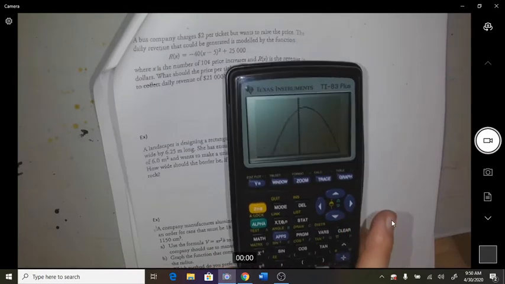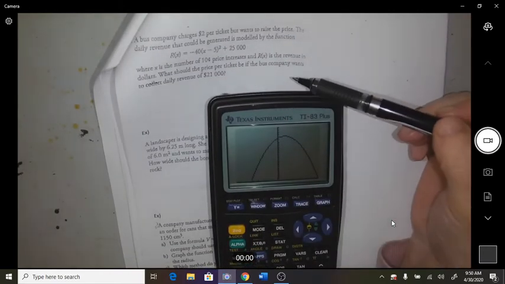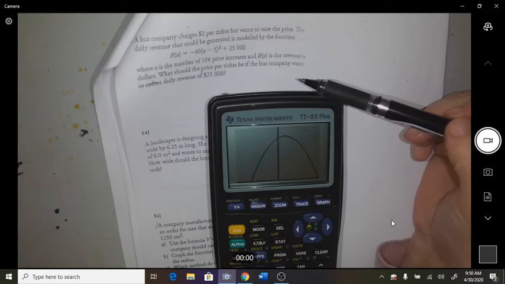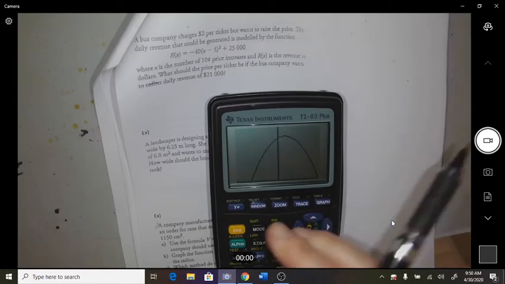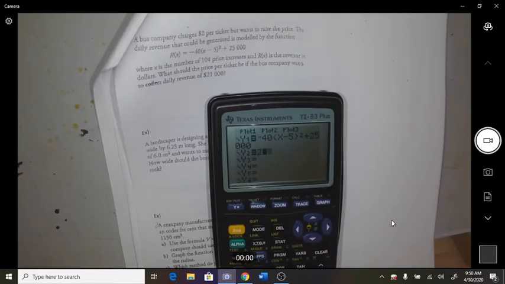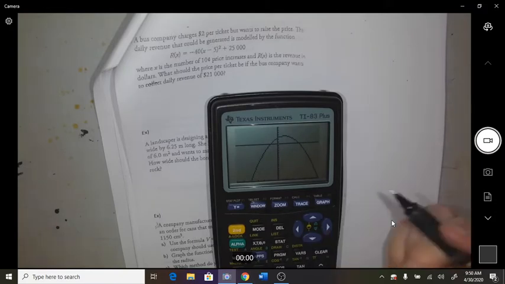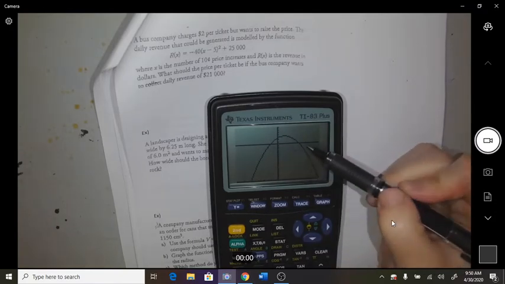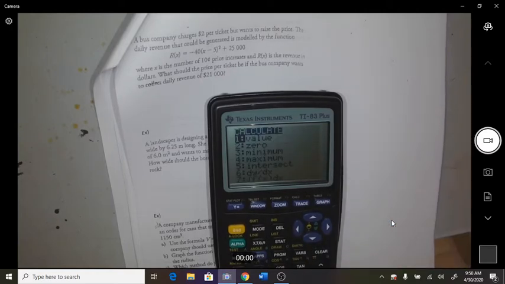Okay, so what should the price ticket be if the bus company wants to collect a revenue of $21,000? So let's enter 21,000 in our Y2. Okay, so we have 2 intersection points, so we're going to calculate intersection.